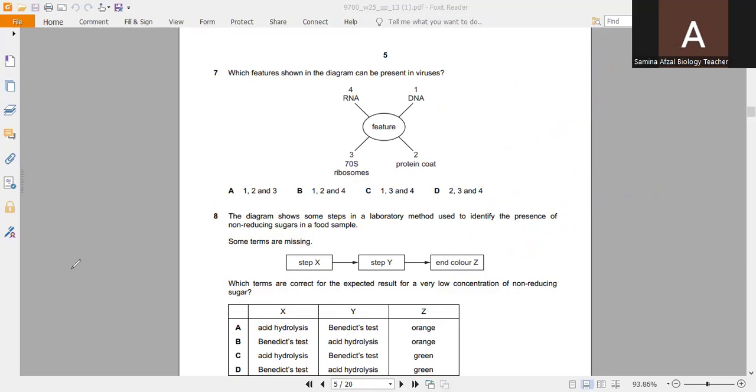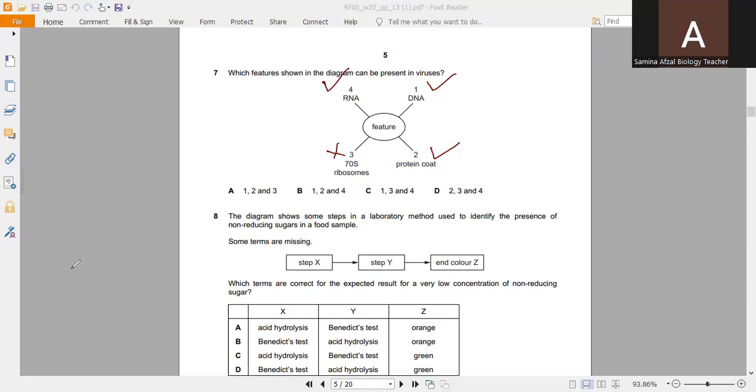In viruses, DNA is present, and they have a protein coat, and number 3 is 70S ribosomes. Viruses lack 70S ribosomes. So they have their RNA.